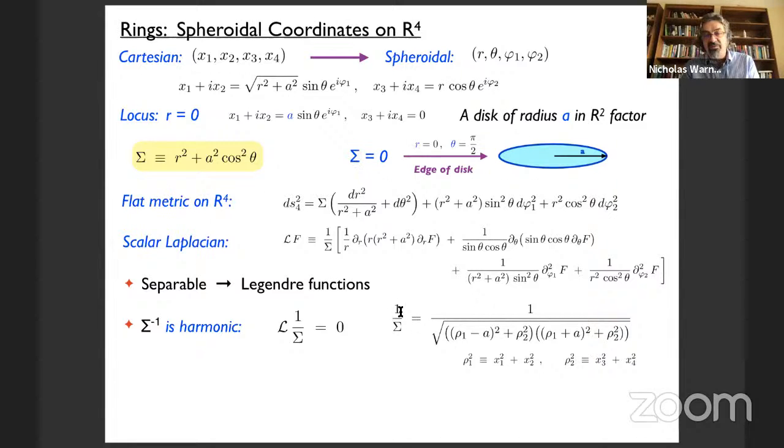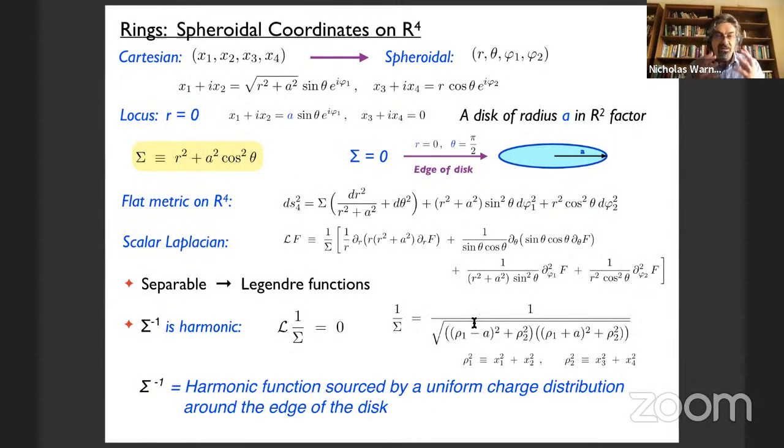And you see this very explicitly. If you write it back in terms of the Cartesian coordinates and write rho 1 and rho 2 in this way, you see that this only becomes singular when this is positive definite. So you've got to have rho 2 is 0 and rho 1 is a, which is the edge of the disk. So the whole point about sigma, why it plays such a central role in this discussion, is it's the harmonic function sourced by a uniform charge distribution around the edge of the disk.